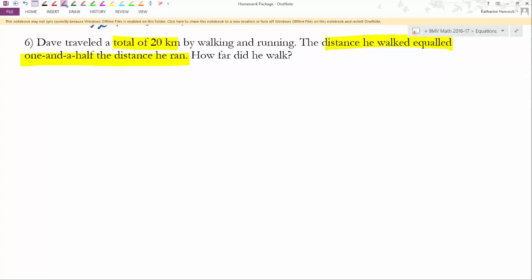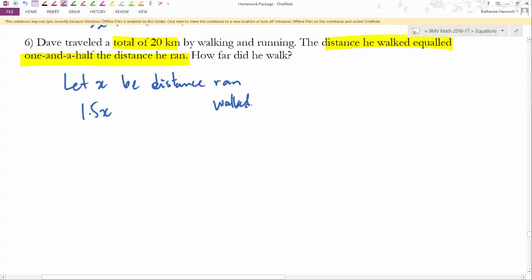He ran a shorter distance than he walked, so let x be the distance that he ran. And then we know that he walked 1.5 times the distance he ran. So 1.5x is that, and we know that the total distance is going to be 20. So ran plus walked has to equal 20.